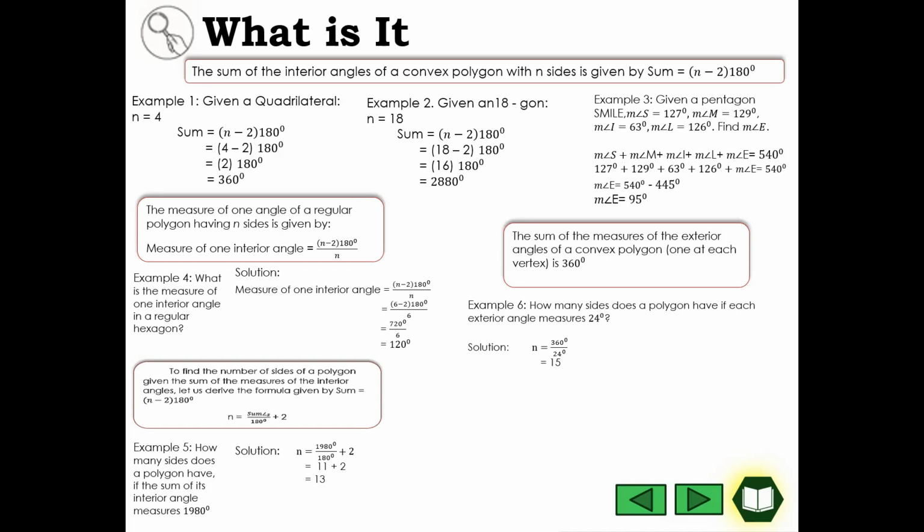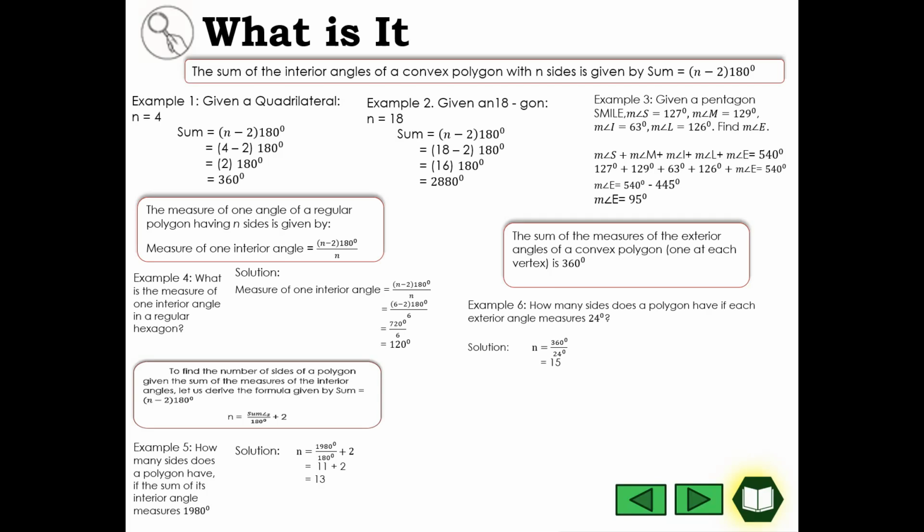It's very easy here since we know already that the sum of the measures of all exterior angles of any convex polygon, provided it is only one at each vertex, is always equal to 360 degrees. So we just need to divide 360 degrees by the exterior angle given, 24 degrees. Therefore, n is equal to 15.